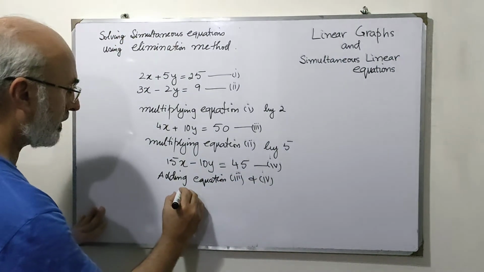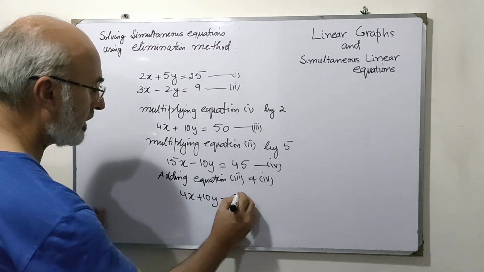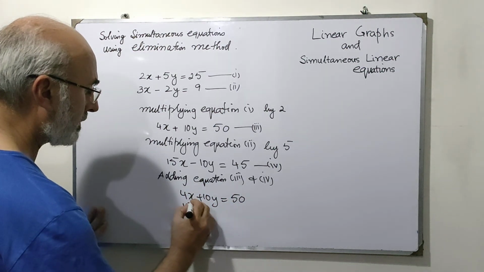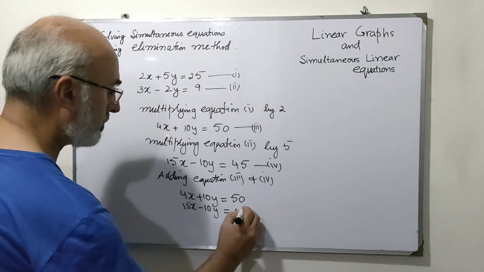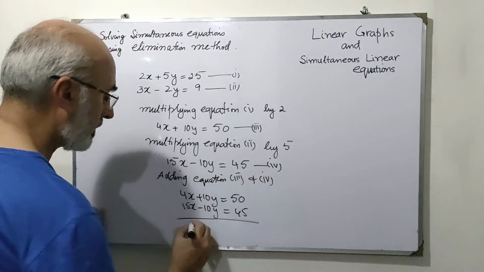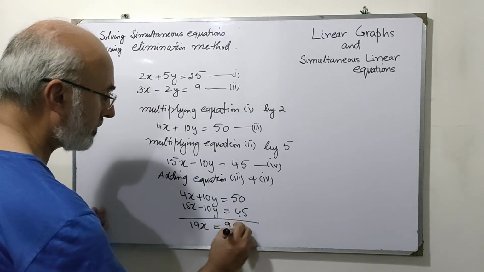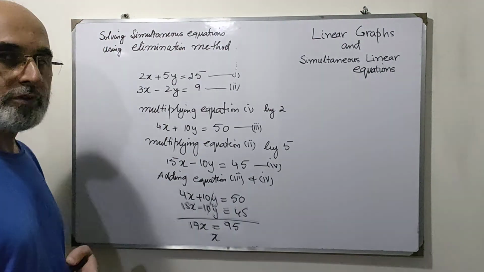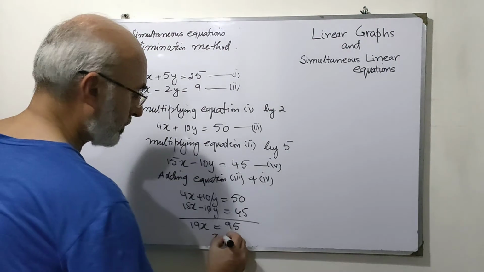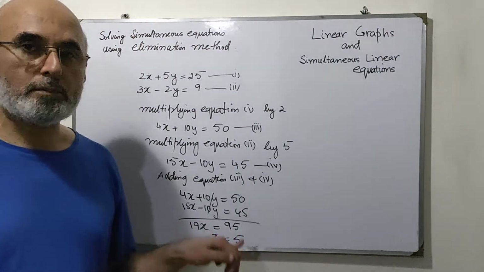I have 4x plus 10y is equal to 50 and 15x minus 10y is equal to 45. So what do we have here? 19x is equal to 95. y is eliminated. So x is equal to 95 divided by 19, 19 fives are 95. So x is equal to 5. So we have the value of one variable, which is 5.